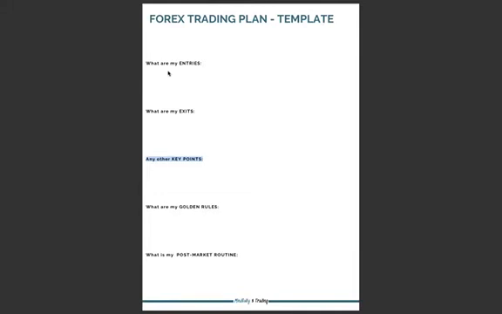Right here where it says, what are my exits? Your exit could be, I think Javon, I don't know if he's on here tonight, he got a behemoth trade last week, right? Well, he stayed in from white arrow to white arrow. I'm trying to build up the stamina for that, and he did it.